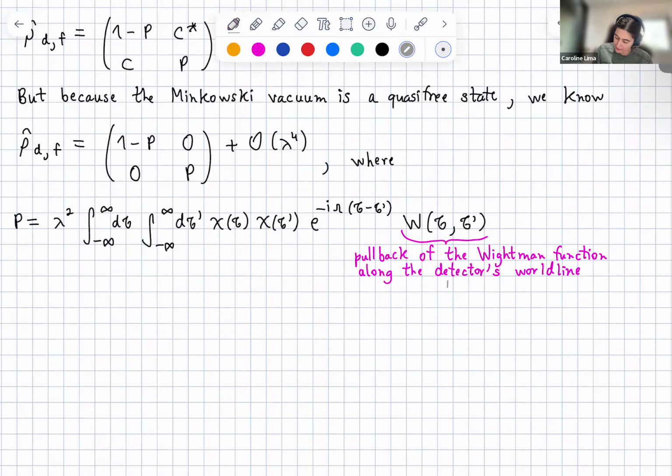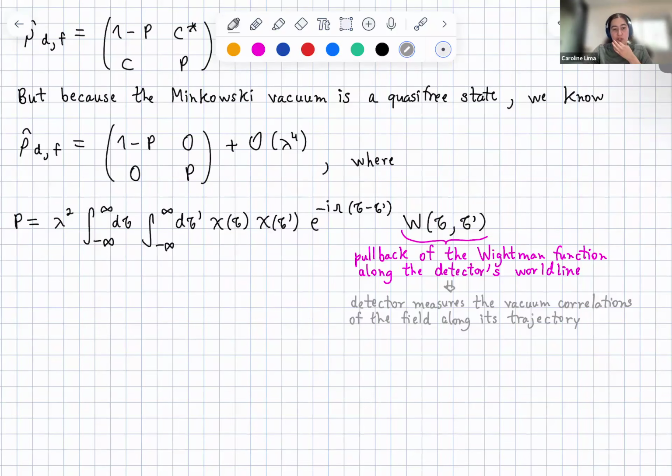In other words, the detector measures the vacuum correlations of the field, along its own trajectory.